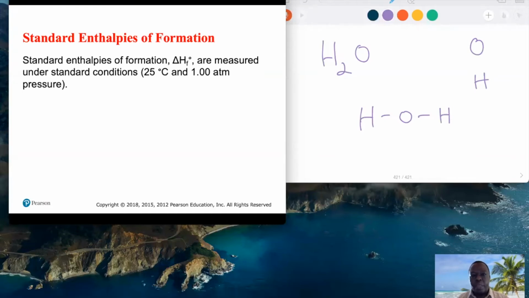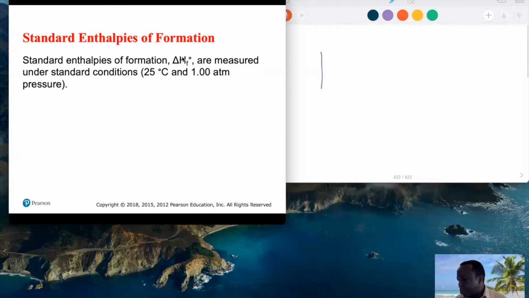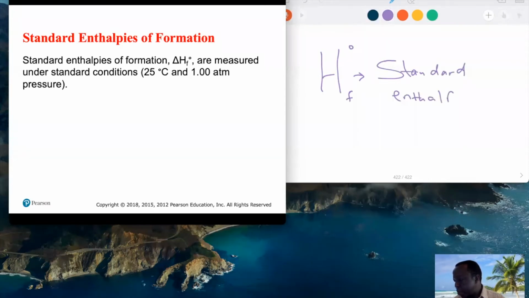You will be given this, with the superscript standard, enthalpy of formation. Always the superscript stands for standard.